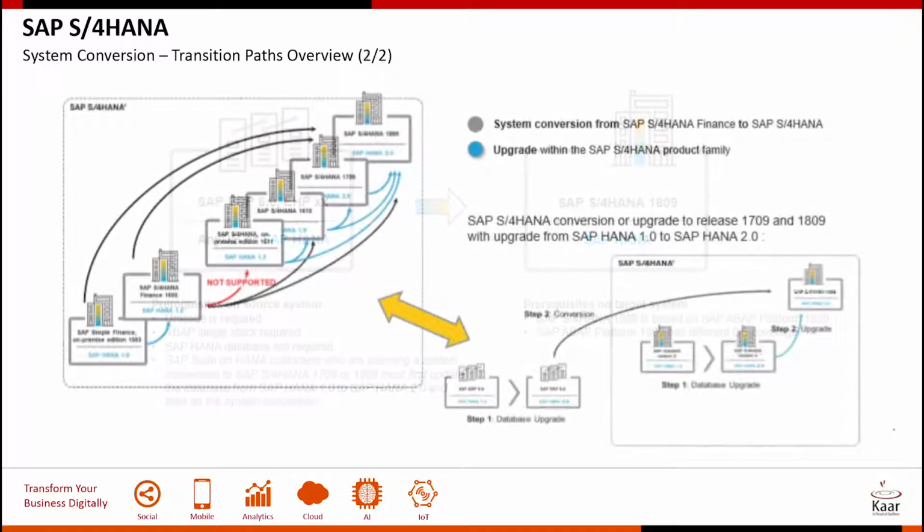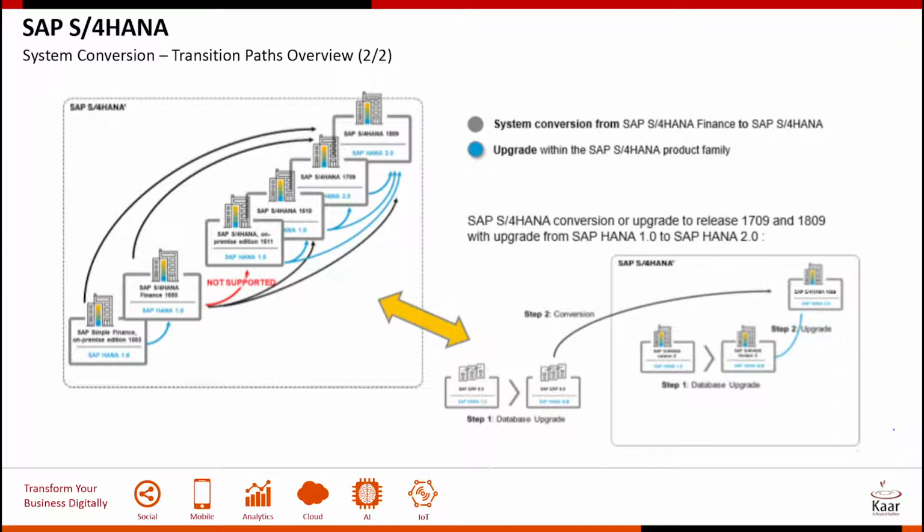And if you're already on S4 or you're already on HANA, with 1809, there's a requirement that the HANA database should be on 2.0. So if you are on a 1.0 HANA database, we suggest that you make a database upgrade to 2.0 and then embark on the conversion journey.